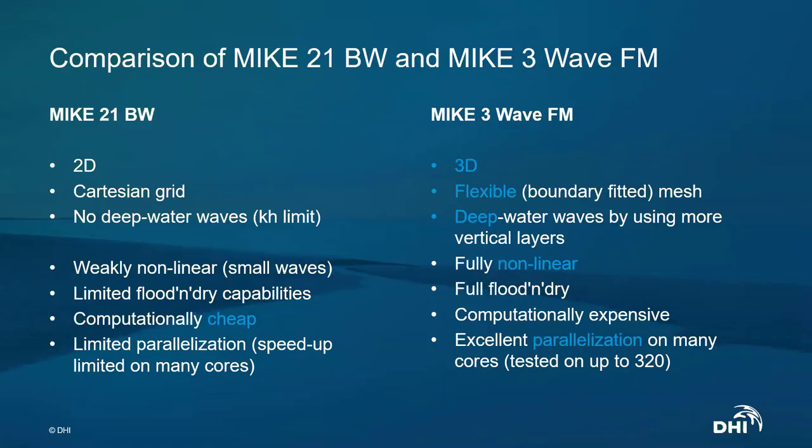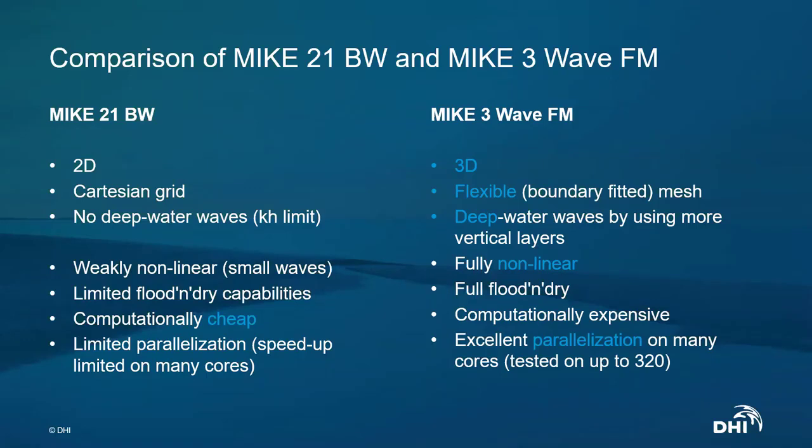But there are cases where you would want to use MIKE 21 BW since it is faster, let's say in your typical harbor study where you are only interested in the wave resonances happening throughout the harbor. In those cases where you don't have deep water waves and you have only weakly nonlinear waves, then you could get away with MIKE 21 BW, which would be computationally cheaper, and it would allow for faster modeling of these wave resonance studies.